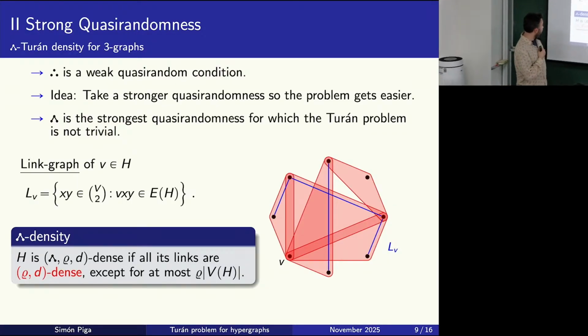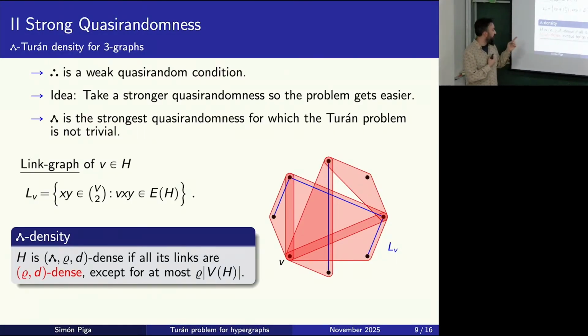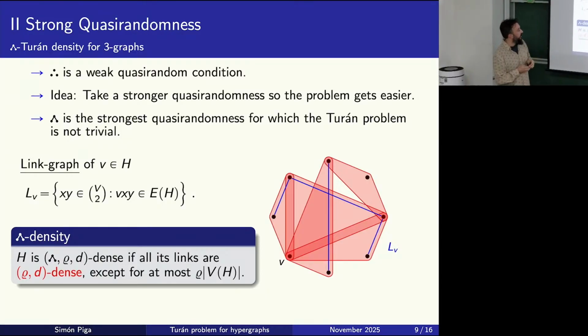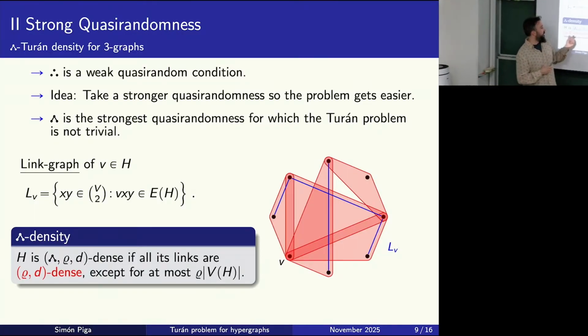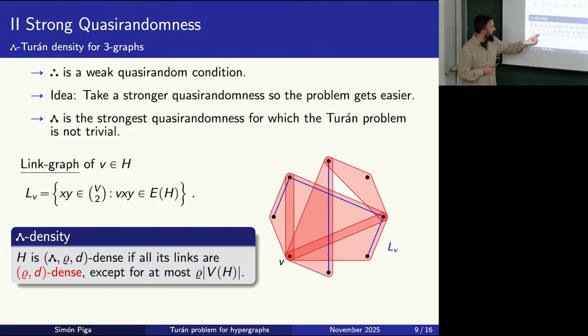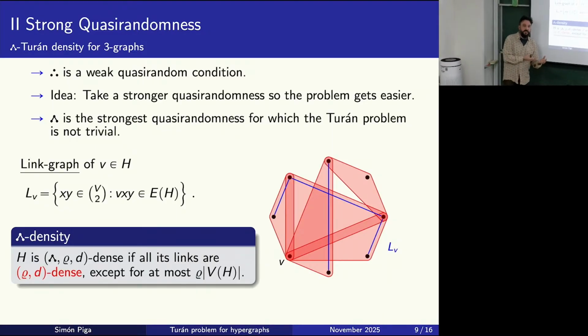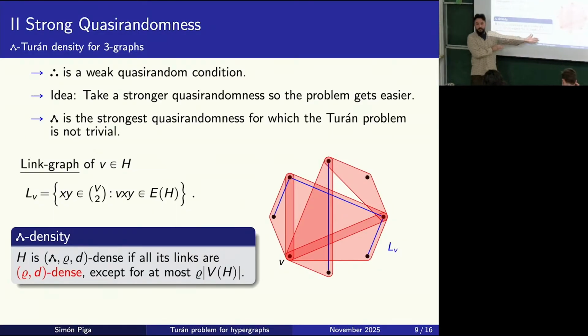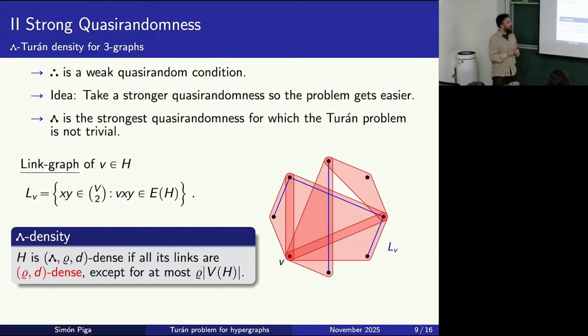So for the cherry density, you say that the hypergraph is cherry rho-dense if all the links of your hypergraph are rho d dense as graphs, right? The graphs are dense now, except for maybe some exceptional ones that you don't care so much about.